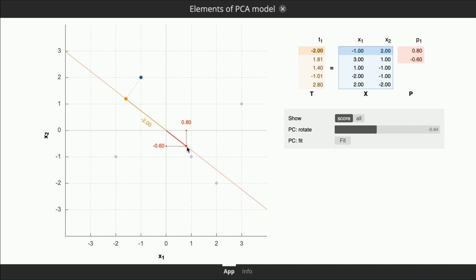So what we need to do to find coordinates of these points in the original space, we need to flip the loading vector, so multiply it by -1, and then we need to stretch it twice. So if we take 0.8, multiply it by -1 and stretch it twice, we will get the x1 coordinate of the orange point, right? It will be -1.6.